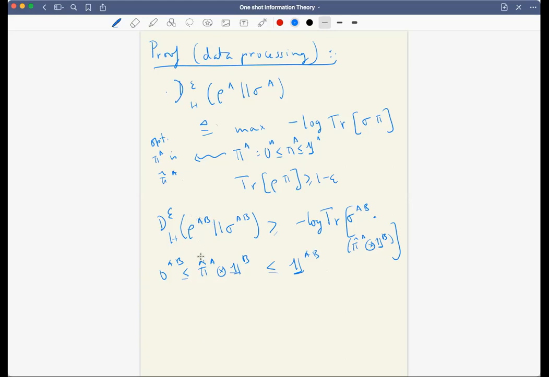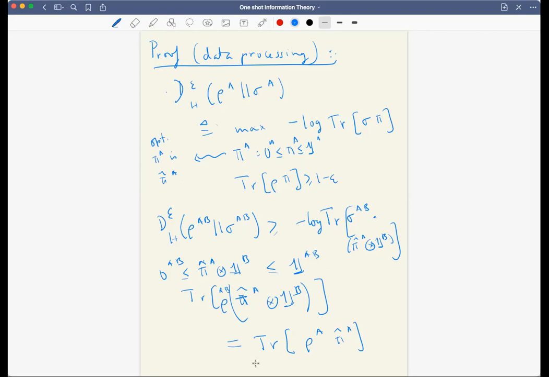And now, by the property of partial trace, you can check what is the trace of rho AB times pi hat A tensor identity B. By definition of partial trace, this is the trace of rho A pi hat A. This is one of the ways of defining partial trace.